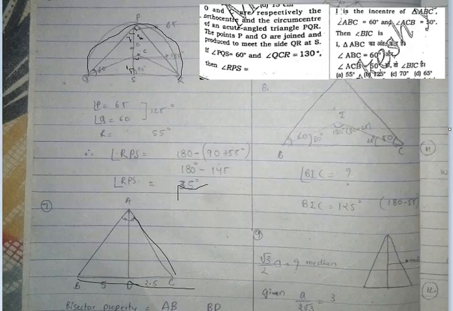So here I is the incenter of triangle ABC. Incenter, okay. The meeting point of the angle bisectors is nothing but the incenter. And one more thing, the incenter divides each angle into two equal parts. Okay, so this is the incenter property, and here angle ABC is equal to 60 degrees.